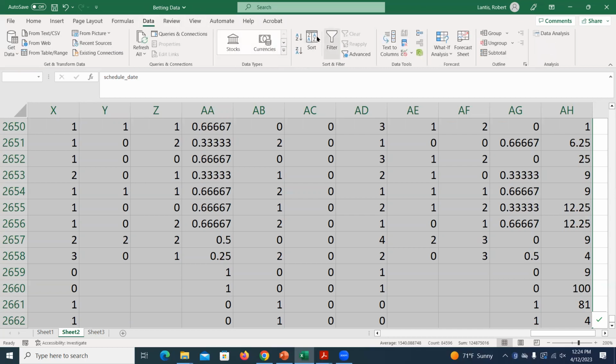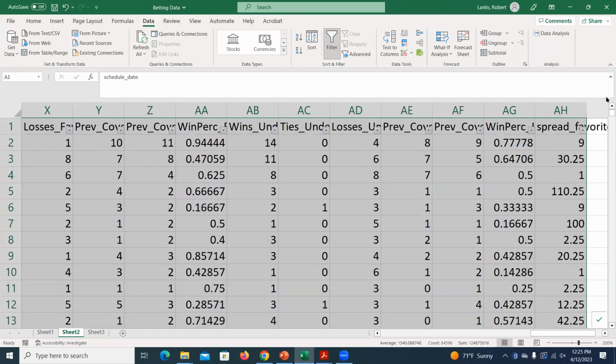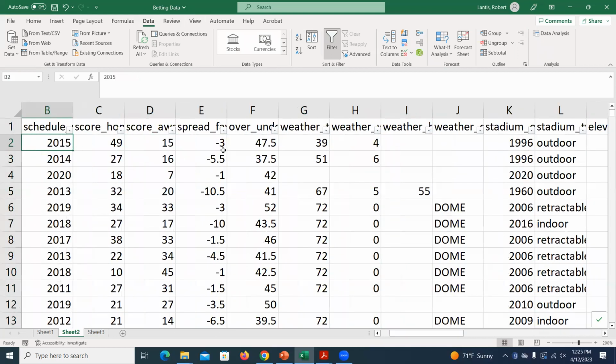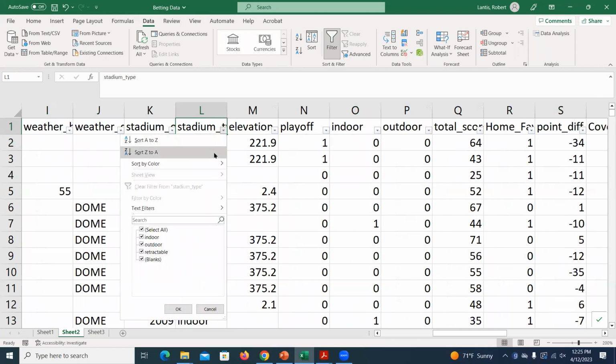I'm going to throw a filter on this data. Scroll all the way up. So I've now got a filter on. I'm going to go over to that stadium variable now. If I click on this, I can see any type of stadium. So the only responses are indoor, outdoor, retractable, and I've got some blanks in there.